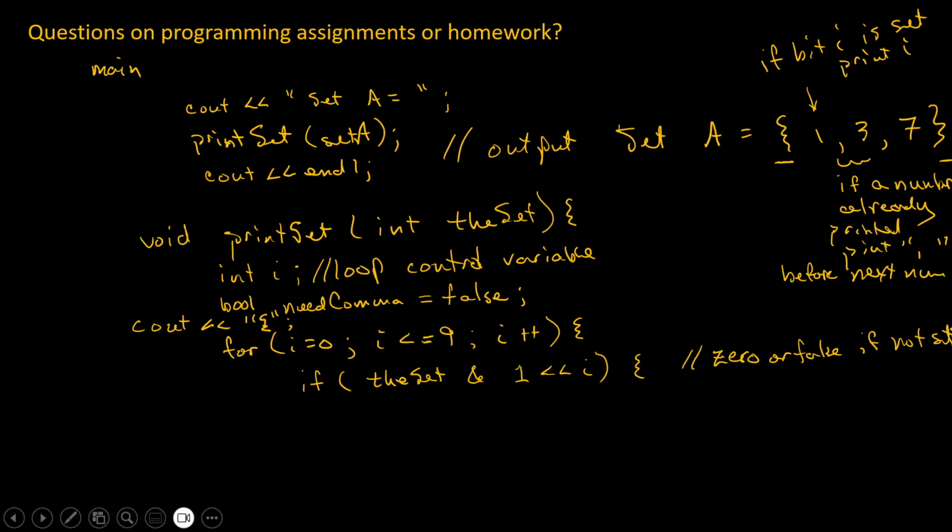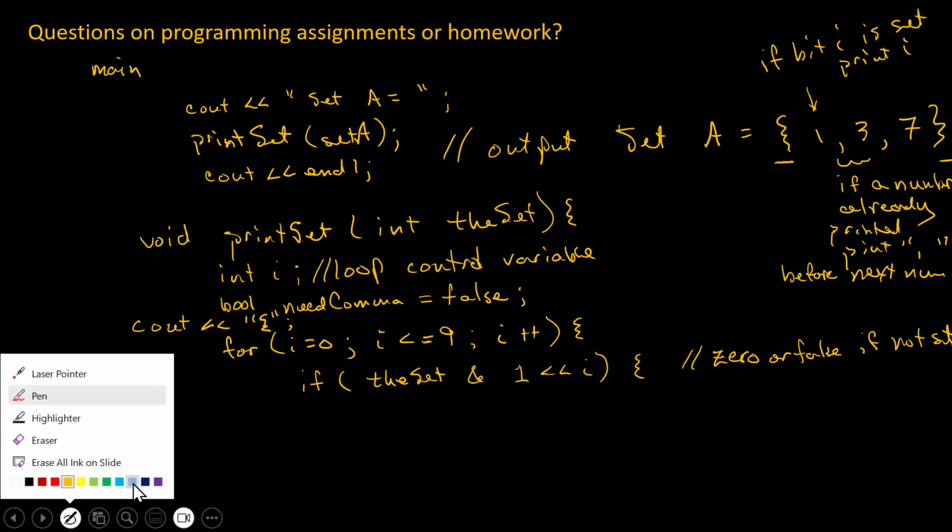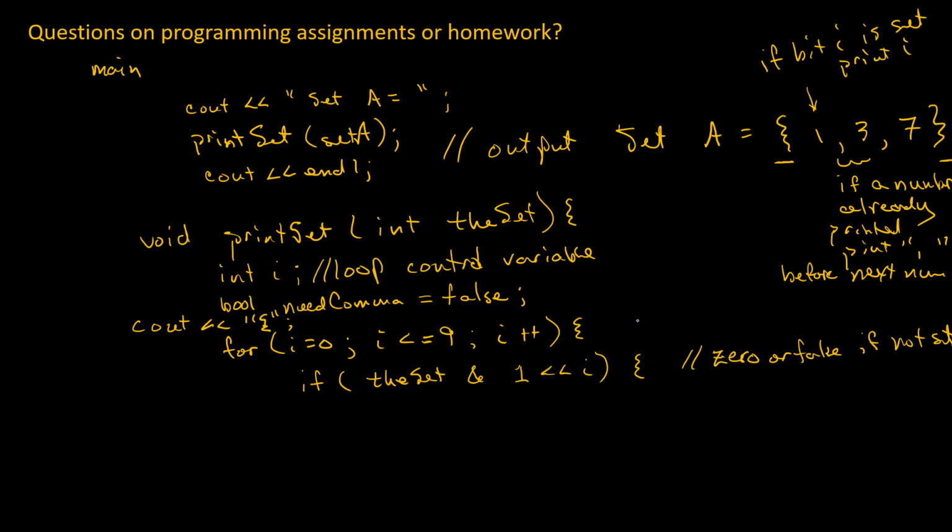Since you're doing C++, we can do it without the check. The other way to do it would be in Java. In Java, I need to check if set bitwise and with 1 shifted left by I is not equal to 0.